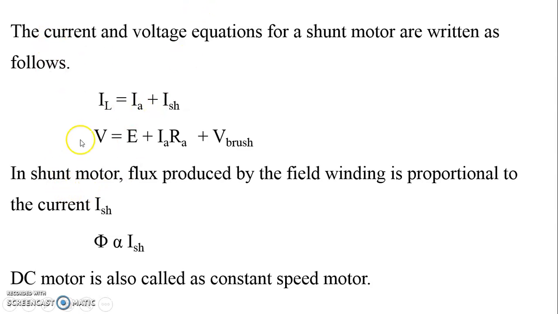The input voltage V equals EB plus IA into RA plus V brush. In a shunt motor, the flux produced by the field winding is directly proportional to the current ISH. That is, the flux is always directly proportional to the shunt field winding current. So the DC shunt motor is also called a constant speed motor because the flux is constant.